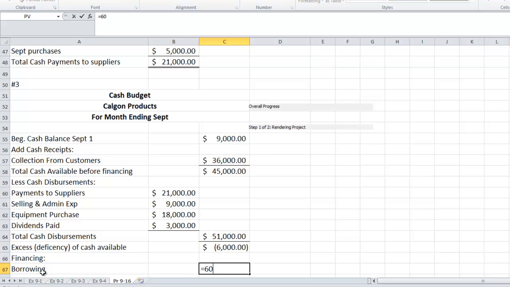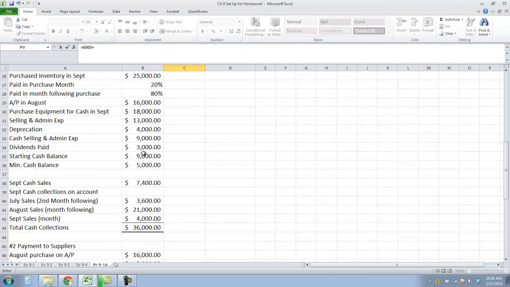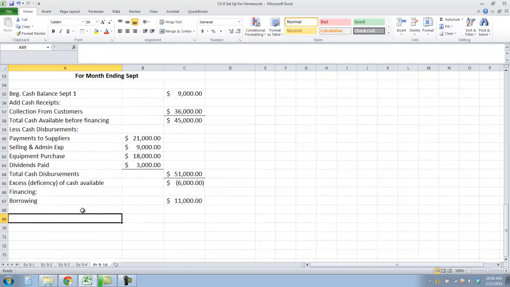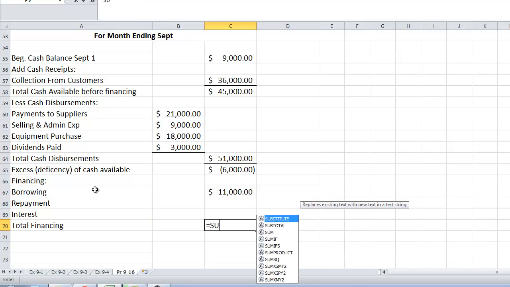So we need $6,000 to be at zero plus our minimum cash balance, which was $5,000. We need to borrow $11,000. We're not repaying anything. We haven't been charged interest yet. We will. Total financing equals the sum of this.